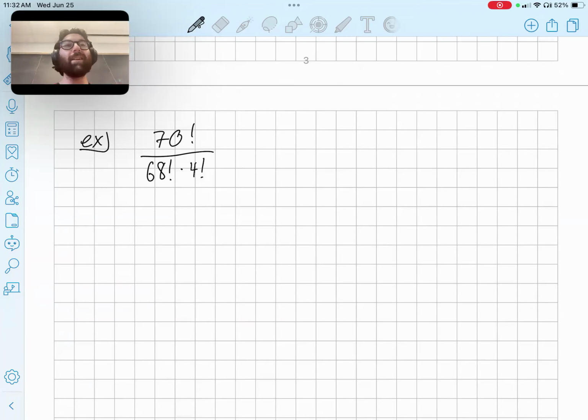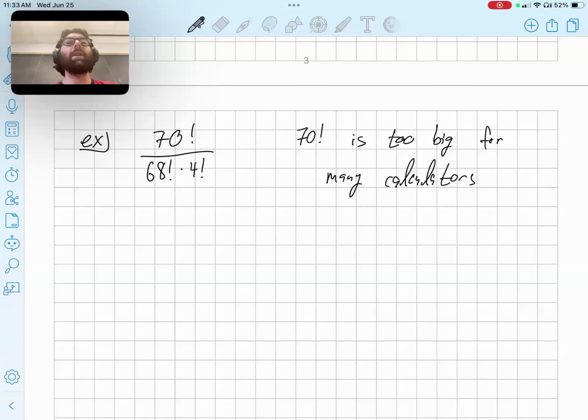Here again, you have to manipulate the factorials, because if you wanted to just plug all of these numbers into a calculator, it won't work. 70 factorial is too big for many calculators. It will give you an overflow error. A calculator can't do it.